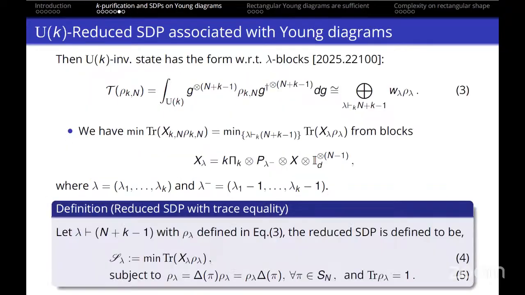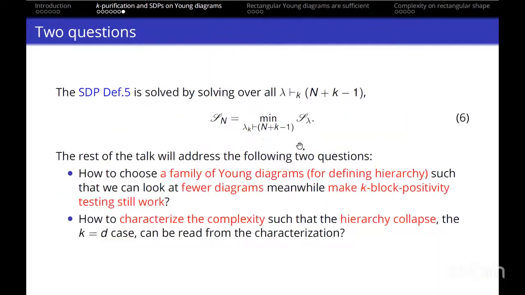And then we can decompose the SDP by some Young diagram states, which means that we use some group averaging. Then we have many blocks, and the optimization problem asks for the minimum value from some block.